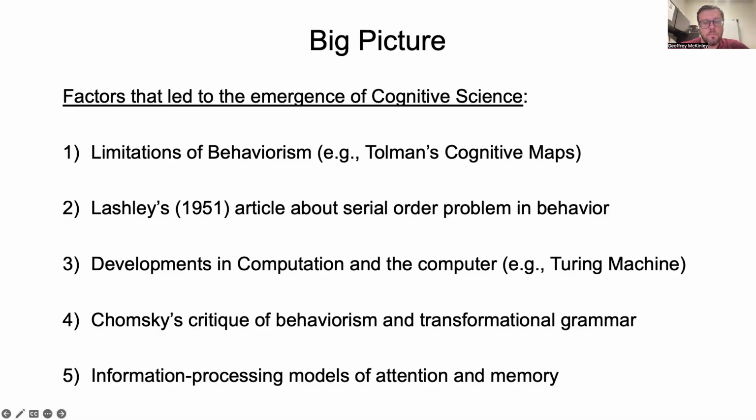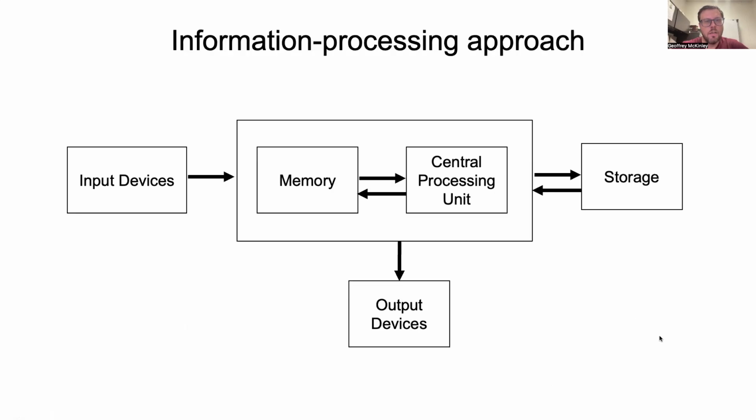Okay, so now we're going to talk about information processing models of attention and memory. The information processing approach assumes that we process information in a way that is similar, or analogous, I should say, to how a computer does. For a computer, you might have some input devices like a mouse and a keyboard.